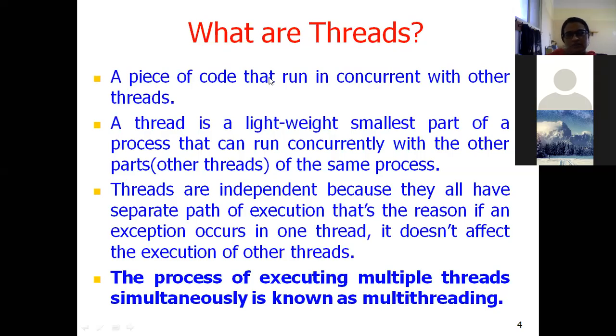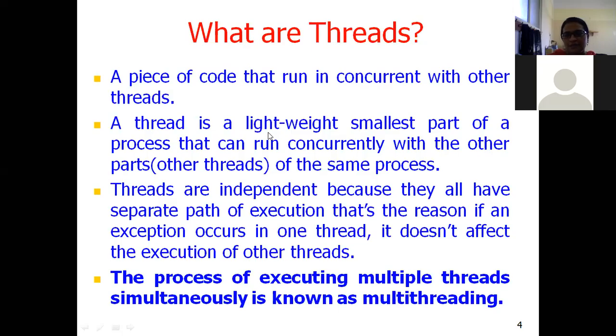That is a piece of code, a small code adding two numbers, multiplying two numbers. That is a piece of code or a particular task. And here, a thread is the lightweight smallest part of a process.